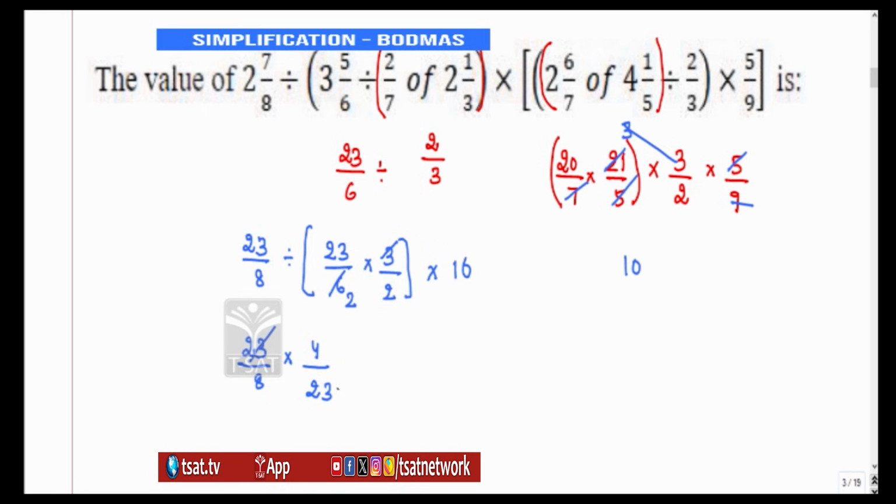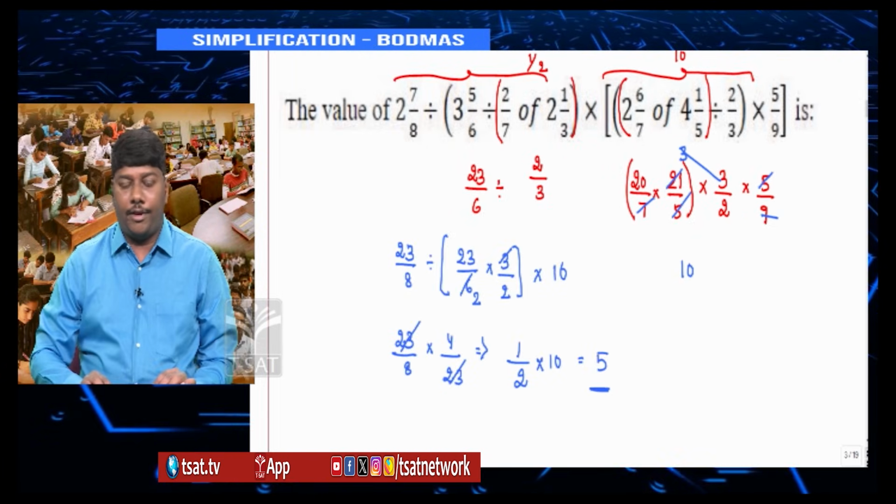So 23, 23 is going to cancel. So it becomes 1 by 2. Finally, the left side of the part becomes 1 by 2 into the right side bracket, which becomes 10. So the whole thing is simply 5. So 1 by 2 into 10, which is 5. So this whole thing we got as 1 by 2. The right hand side we got as 10. So 1 by 2 into 10, it is 5.